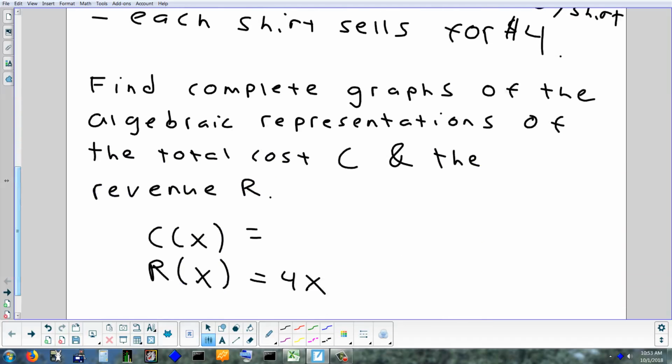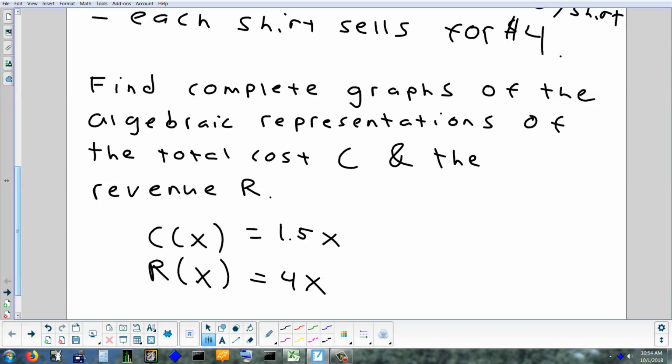Well, remember, you can't really have negative cost. Cost might represent you losing money, but you don't lose negative money. You're still going to have a positive amount of money that you lose. So it's going to be a positive 1.5, and what would we have to put with that? X. 1.5x.